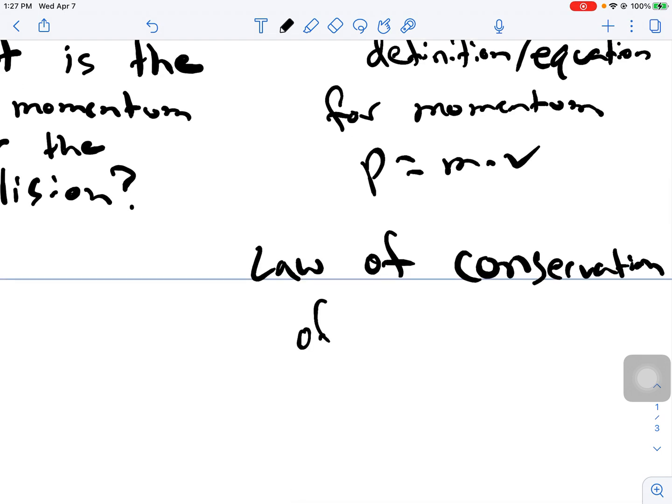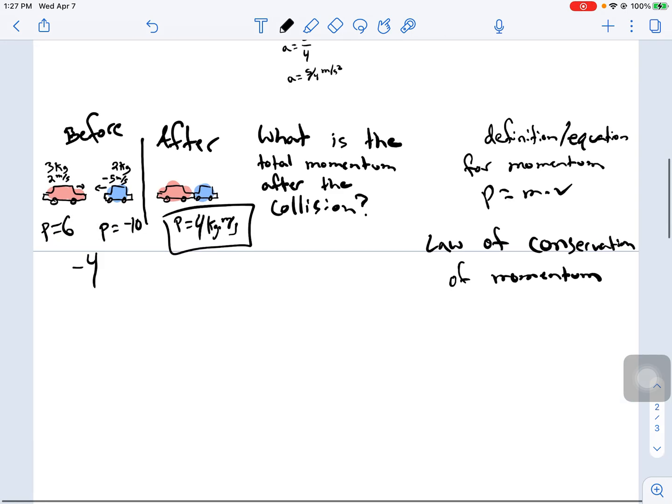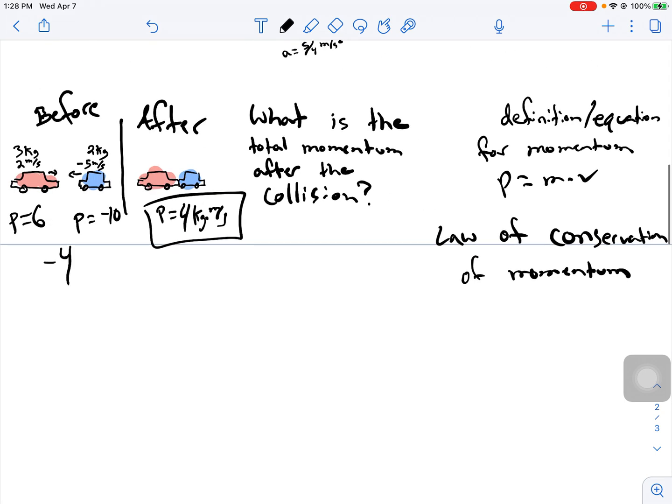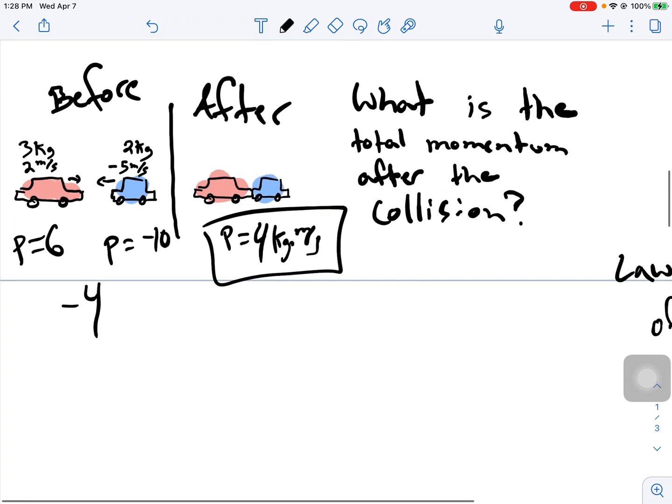Conservation of momentum. That was absolutely important. I'm not allowed to make this prediction unless I have this. The law of conservation of momentum states that the total momentum before the collision, which was -4, will equal the total momentum after the collision. So it has to be -4. Ooh, I forgot my negative. Boom.